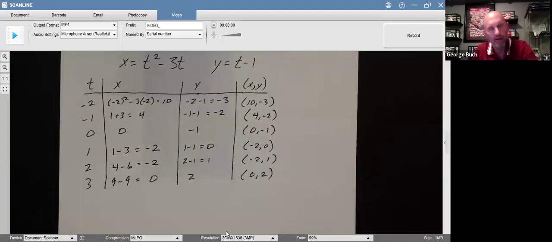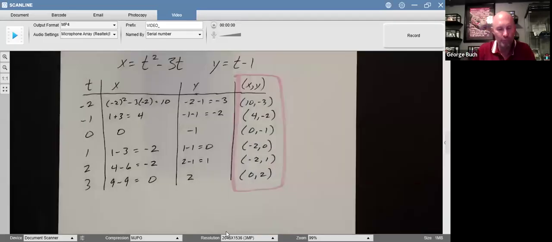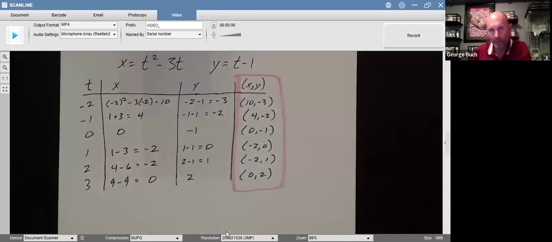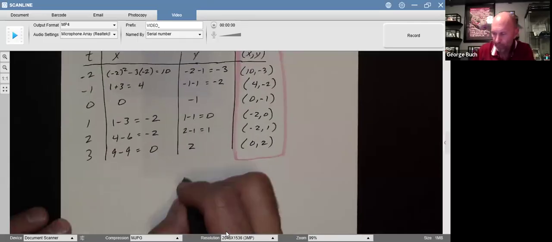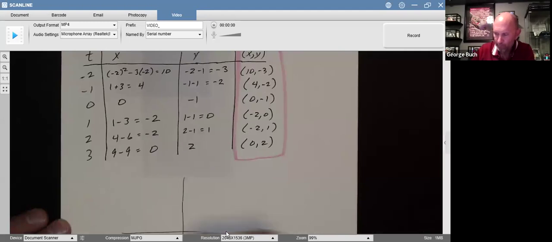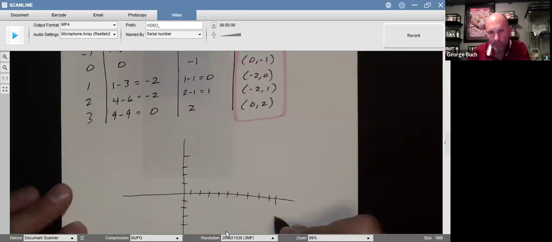Now that I have my x and y coordinates, this is what I'm going to graph just like I would have back in Math 126 or whatever. So I have my graph here. 1, 2, 3, 4, 5, 6, 7, 8, 9, 10. So the first point is 10, -3. So that's down here.